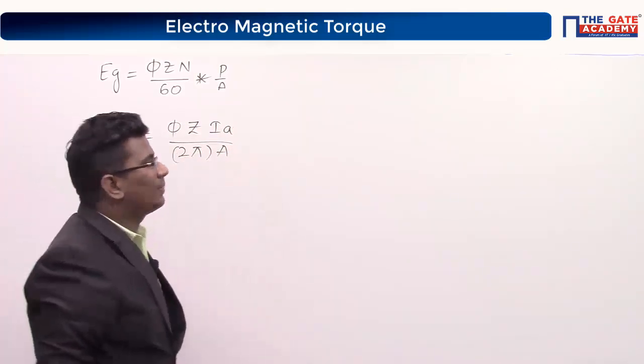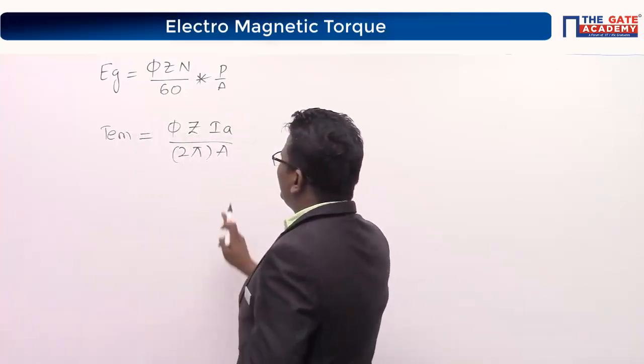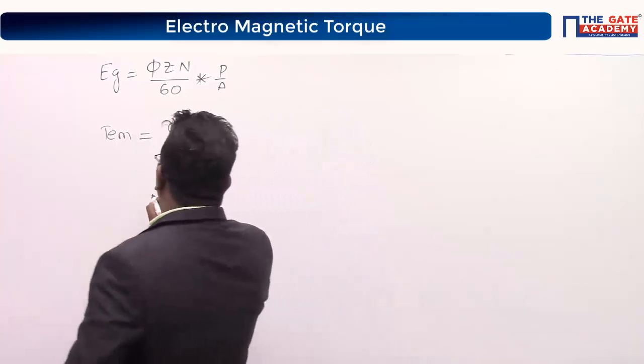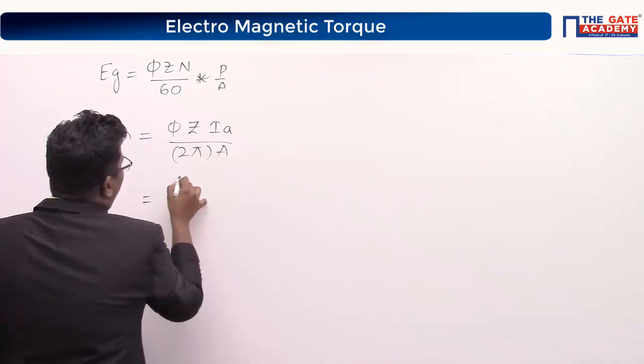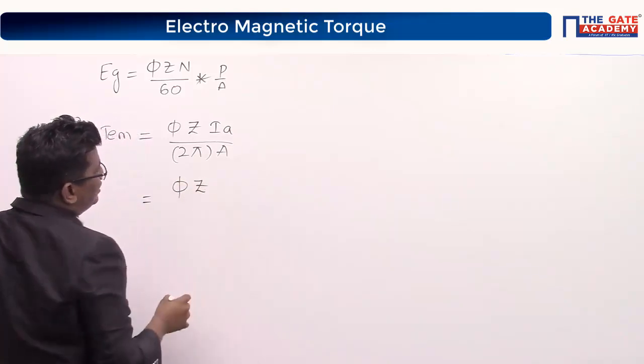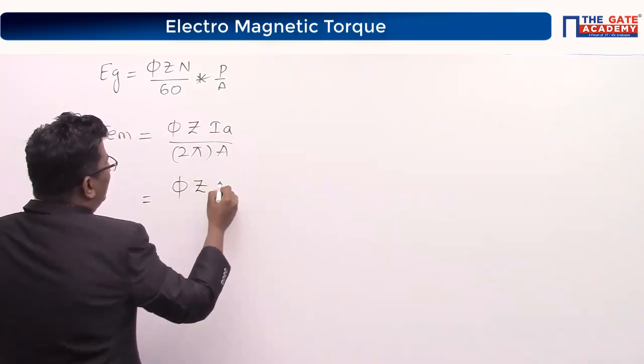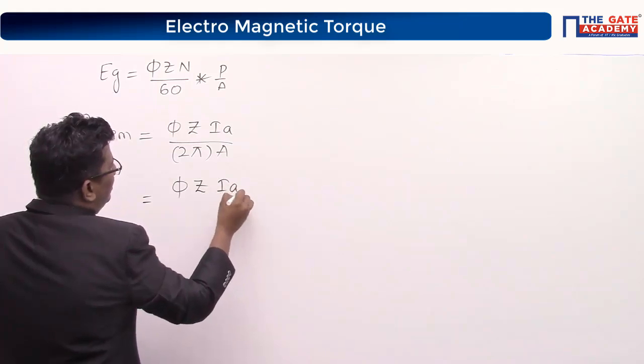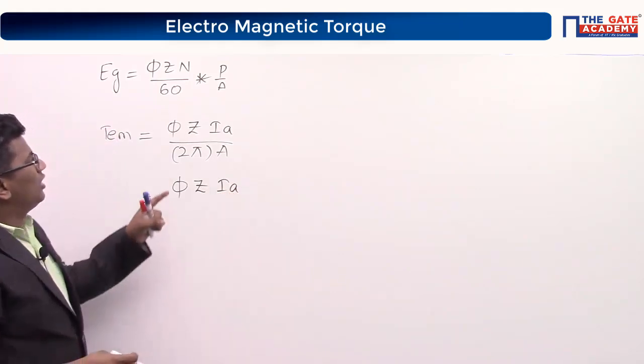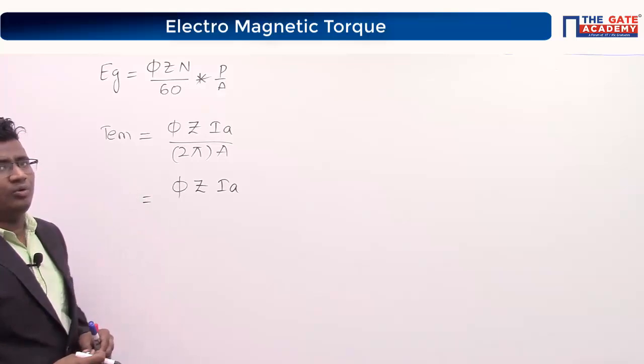Correct? Now what I am saying is, convert this into phi Z Ia, and tell me, 1 by 2 pi. How to write 1 by 2 pi?